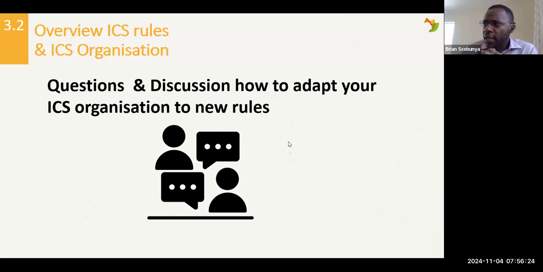It could be there. Again, it depends on how you want to run this as the ICS. But I think you're talking about two things here. There is sanctioning because of violation of requirements.